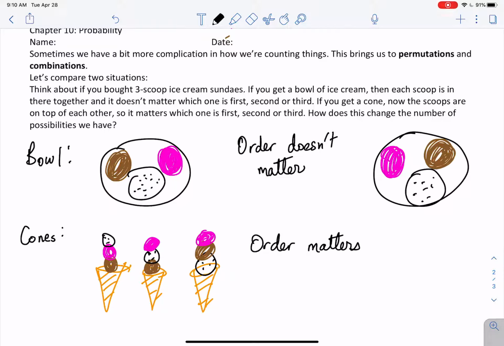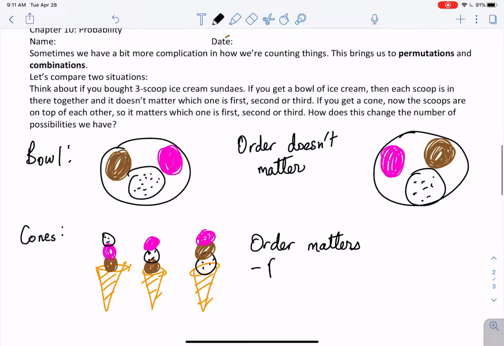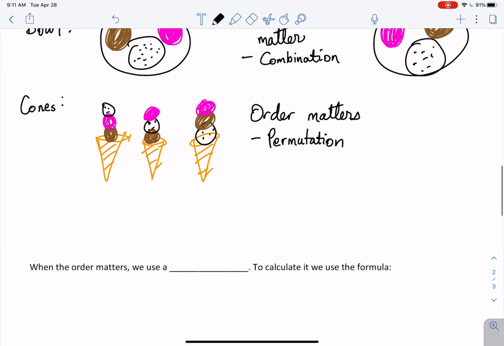That is the fundamental difference between a permutation and a combination. When the order matters, that is called a permutation. When the order doesn't matter, that's called a combination. So let's fill those in.